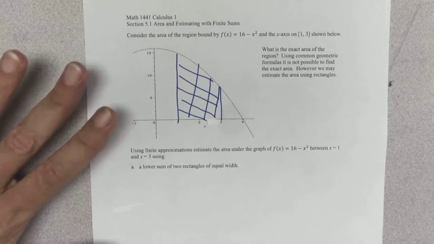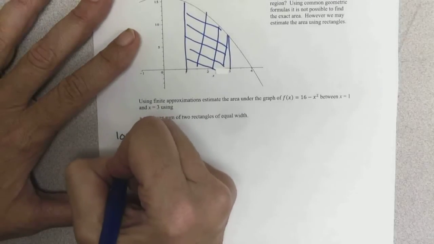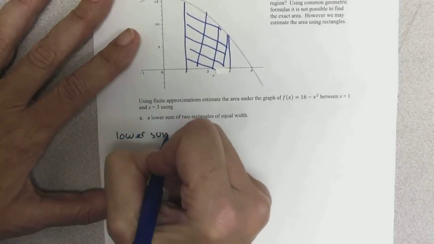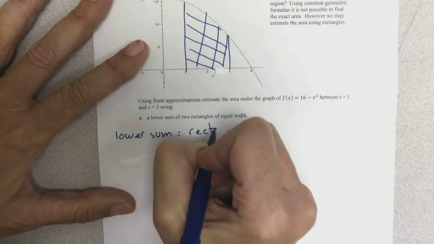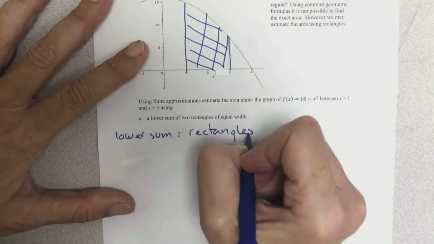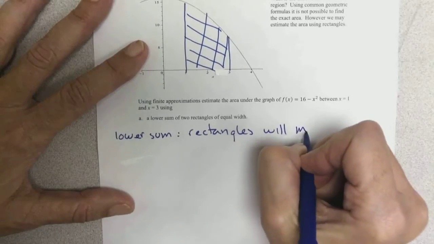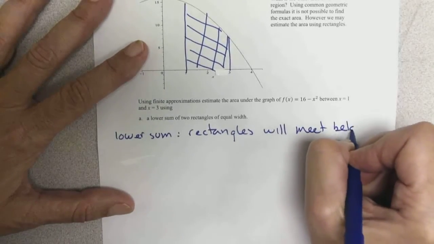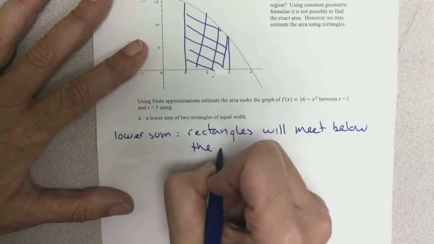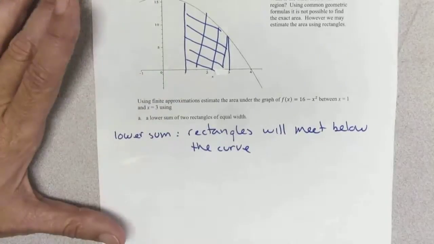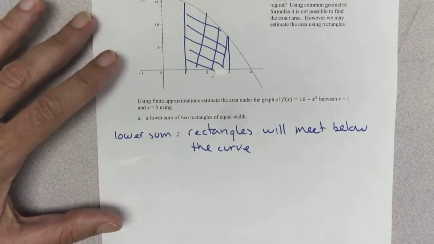of equal width. Now all we mean by a lower sum is that the rectangles will meet below the curve. And you'll see what I mean by that as soon as I draw some pictures here.